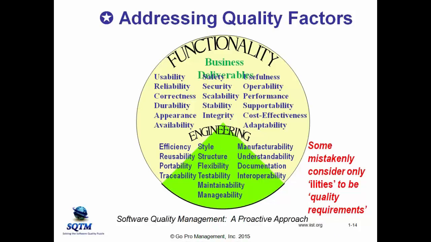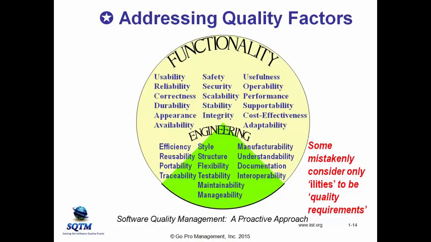They're very often referred to as illities. Now, what I want you to realize is that a lot of people refer to these quality factors as non-functional requirements. That's deceptive, that's misleading, because these quality factors only have relevance with regard to functionality.